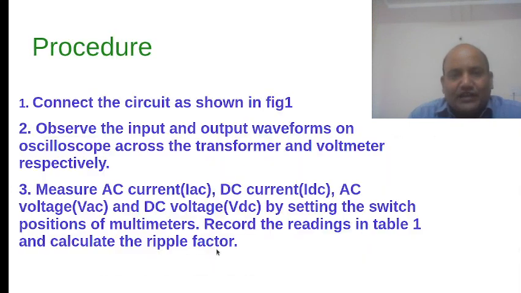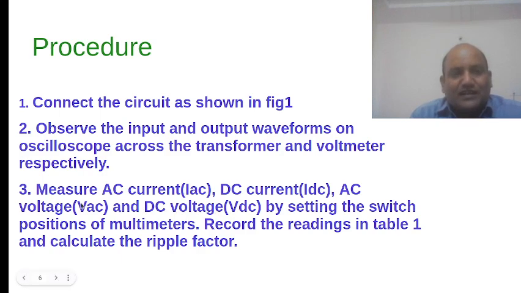Here you can observe the input and output on the CRO oscilloscope. Another thing, now measure the AC current, analog current, varying current, and DC current, and AC voltage and DC voltage.